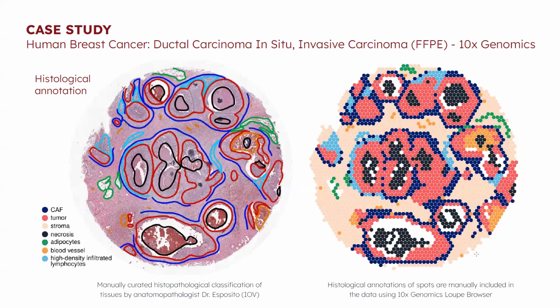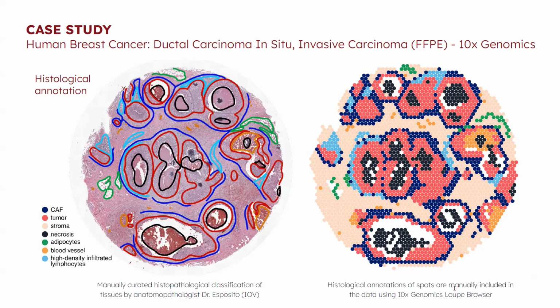Just to show you an example, this is a spatial breast cancer dataset coming from the 10x database. We asked an anatomopathologist to annotate the areas for us, and you can see that in red there is the tumor area that had some necrosis tissue inside, and that was surrounded by stroma and lymphocytes areas.